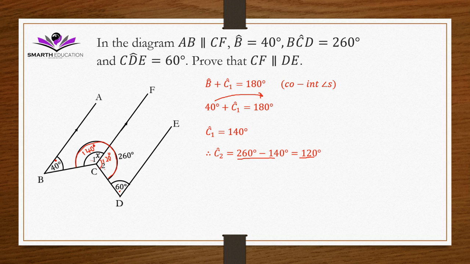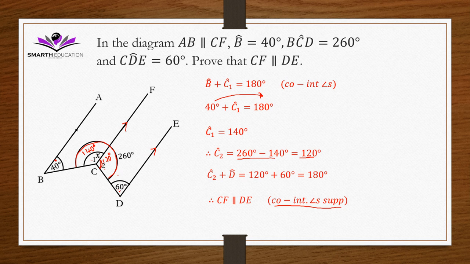Then let's add angle C2 and angle D. These two give us 180 degrees. Therefore, line CF and line DE are parallel because the co-interior angles are supplementary.